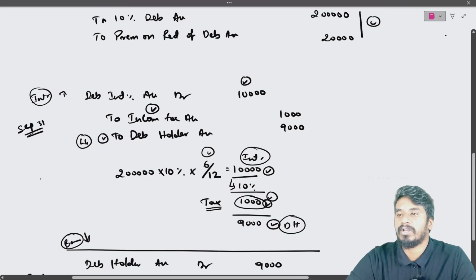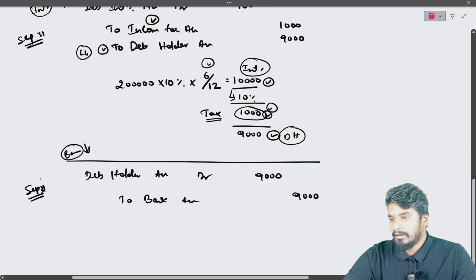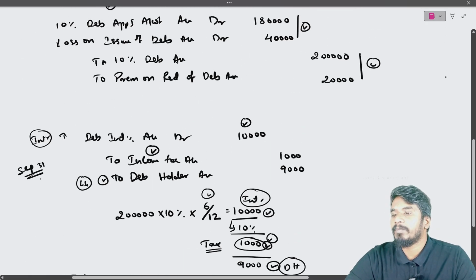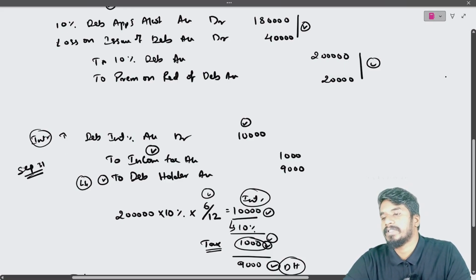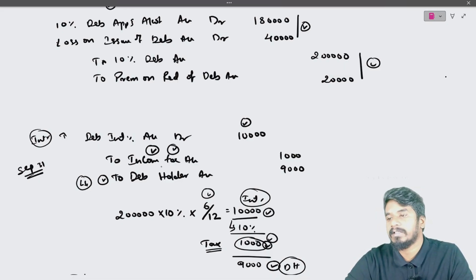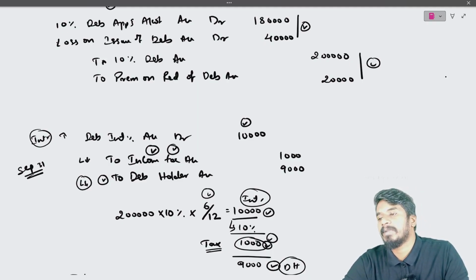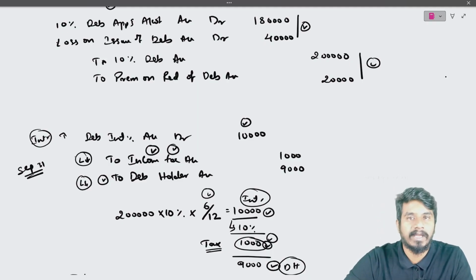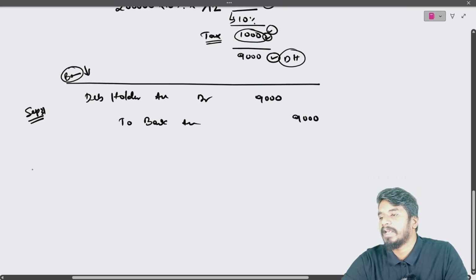Correct. So for only one thing, we need to pay income tax also, which we have deducted from the payment to the debenture holder. Correct. That also we need to pay, which means here also liability will decrease when we are paying. Correct. Fine. September 30th.